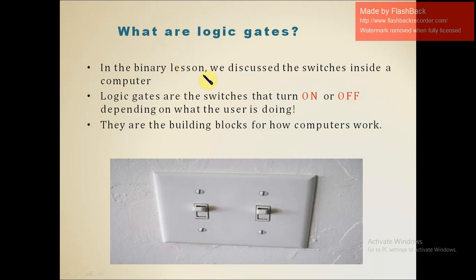In the previous binary lesson, we learned number systems: binary, octal, hexadecimal. In the binary lesson, we discussed the switches inside a computer. Now, logic gates are the switches that turn on or off depending on what the user is doing.